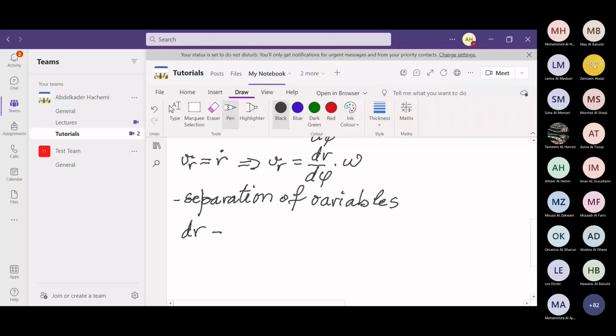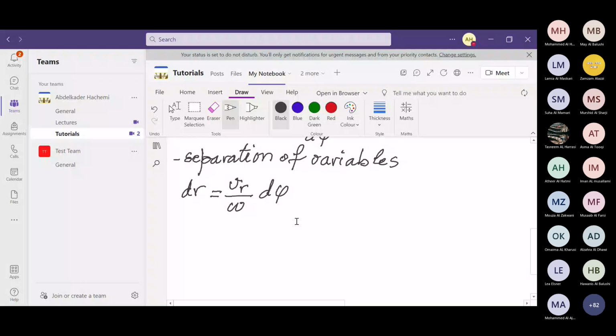Now, if we make the integration with respect to each variable, then what we have here, we have the integral of dr, it's equal to vr divided by omega integral of dphi.